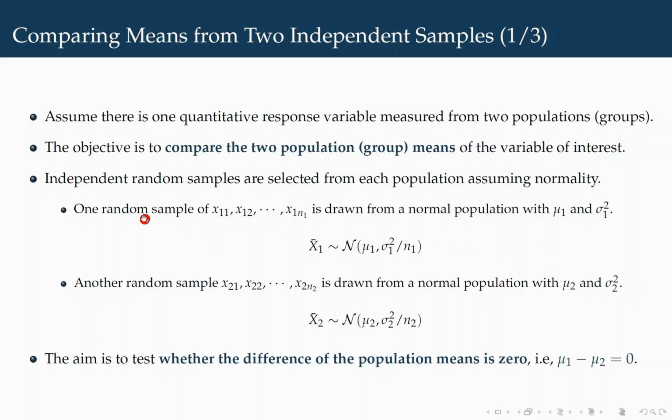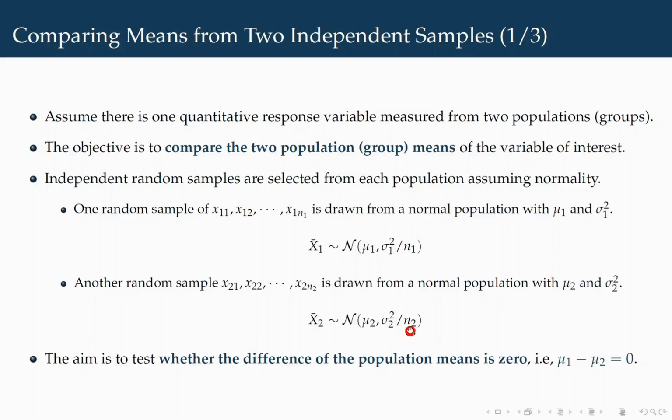Then each observation of the first sample comes from a normal distribution with mean mu1 and variance sigma 1 square. Therefore, the sampling distribution of the sample mean of the first group is normal with mean mu1 and variance sigma 1 square over n1. Similarly, the sampling distribution of the sample mean of the second group is also normal with mean mu2 and variance sigma 2 square over n2.